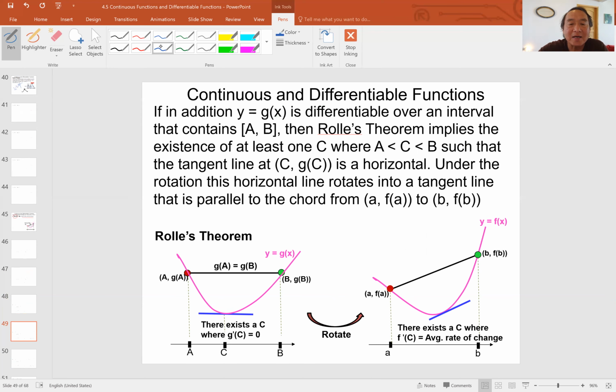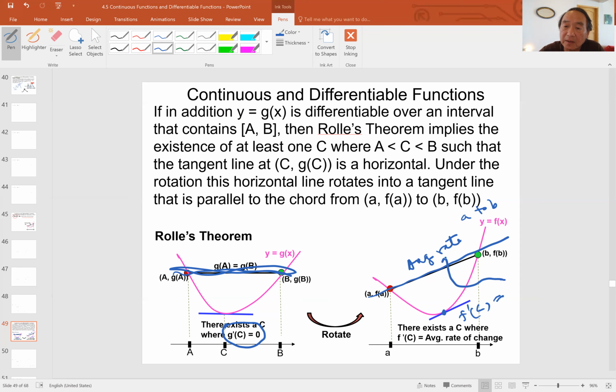Then the statement, instead of saying, as in Rolle's theorem, that g prime of a point c has to be zero, has to be flat, because it is parallel to the chord connecting A and B. But if I rotate it, then the slope of this is the average rate of change between A and B. Then you can find a point c where f prime of c is equal to this average rate of change. The same slope, because they're parallel. And that's the statement of the mean value theorem.